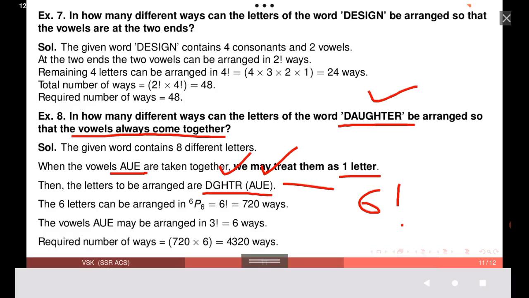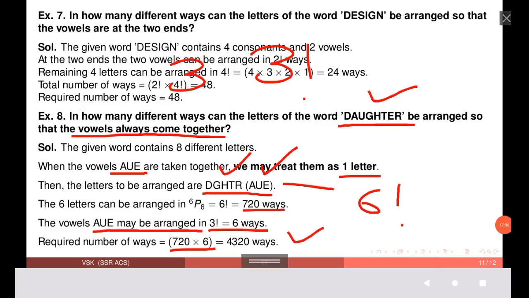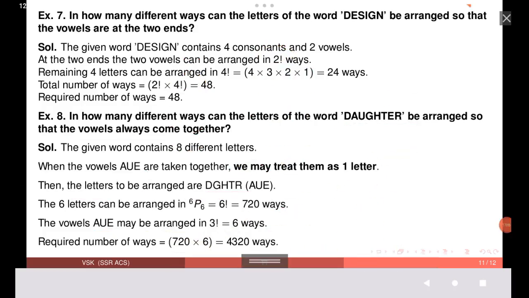So this is the first thing. Now these vowels A, U, E, there are three vowels, and these can be arranged by factorial three ways. So its answer is 6. So the total answer will be 720 into 6, that is 4320. So that will be the answer. Let us see what we did once again.